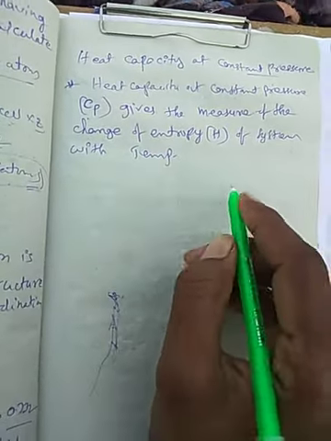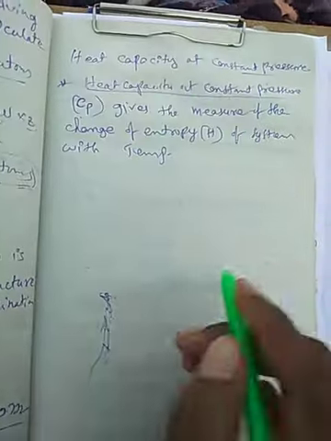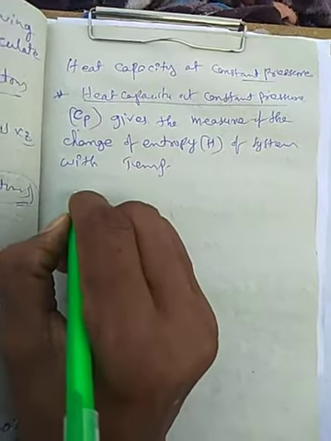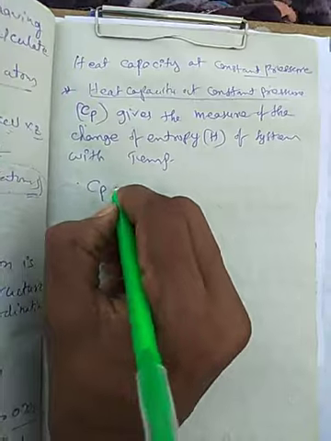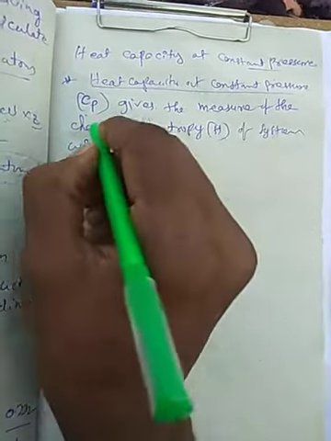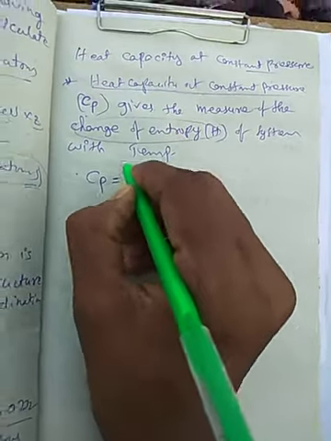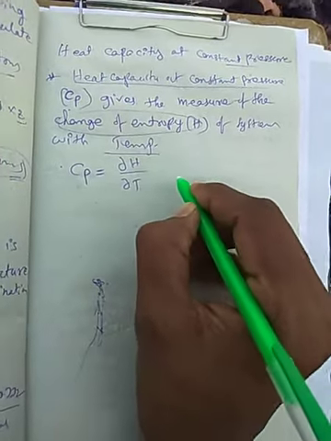This is called the molar heat capacity at constant pressure. Now we can write molar heat Cp is equal to the change in enthalpy, that is dou H by dou T, with the change in the temperature.